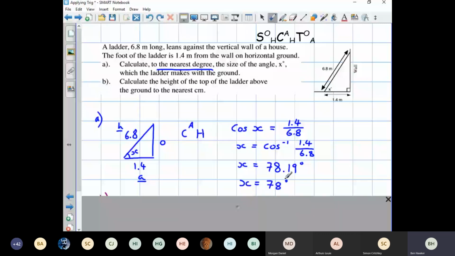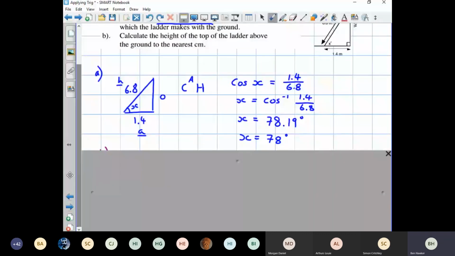If this was worth 3 or 4 marks, you've dropped a mark, and I've dropped a mark there as well, if you haven't gone to the nearest degree. That would be quite frustrating because you've displayed you know the answer, however you've just missed the mark by not rounding.